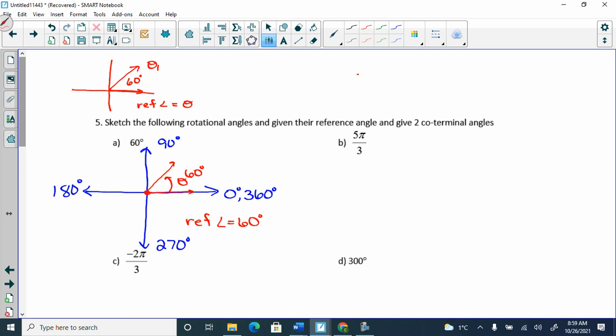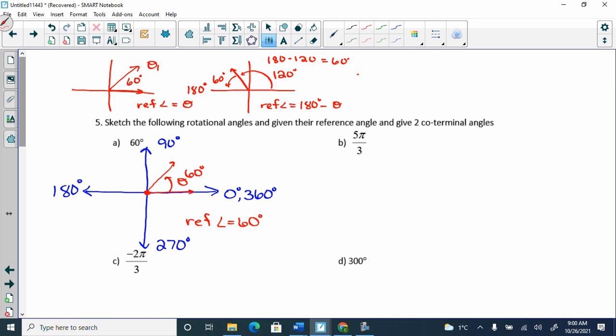What about quadrant 2? So say now I have 120. How do I get my reference angle? Yeah, so when you're in quadrant 2, to get your reference angle, you're going to do 180 minus your angle. Right? So in this case 180 minus 120 is 60. We've got 60 here.